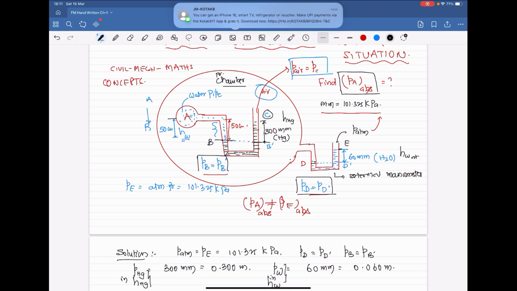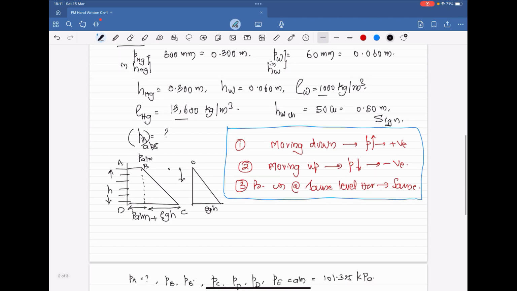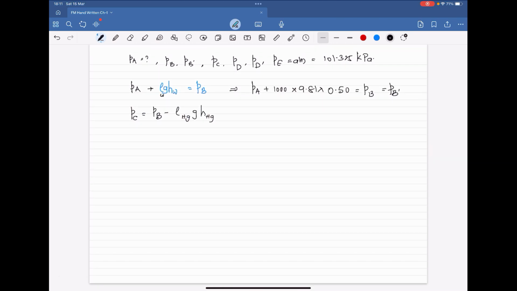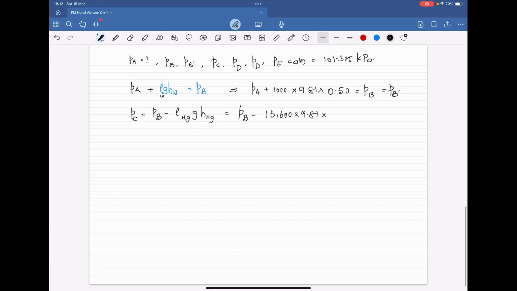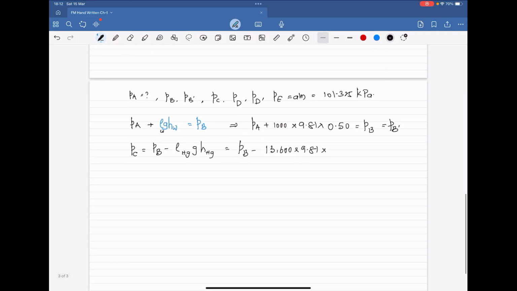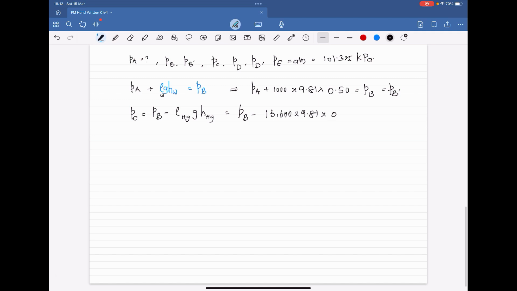When we are moving upwards, it will be minus rho g h mercury. What is the mercury value? PB minus rho, which is 13,600, into g is 9.81, into Hg is how much? 300 mm. What is 300 mm? That means 0.300 in meters.